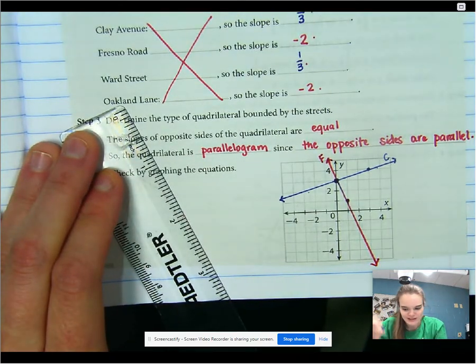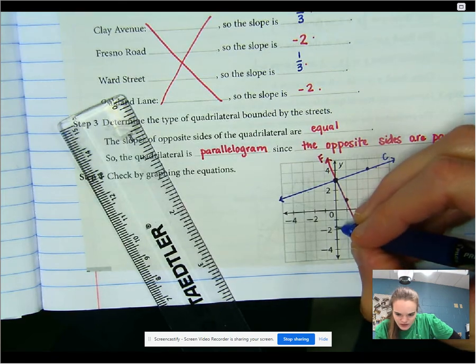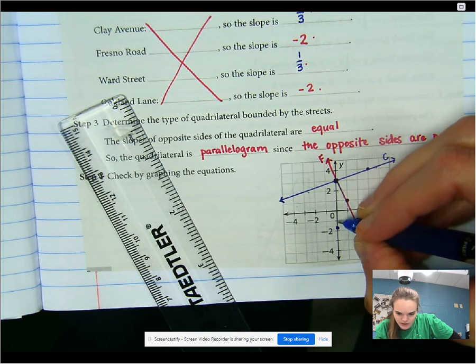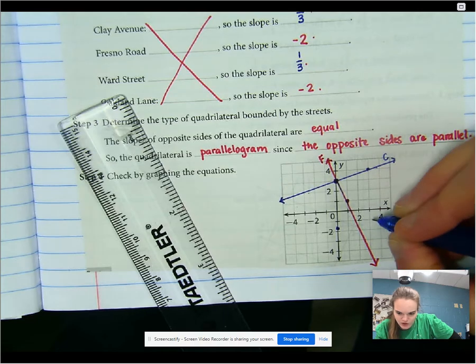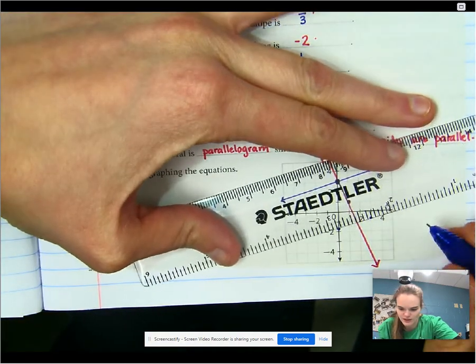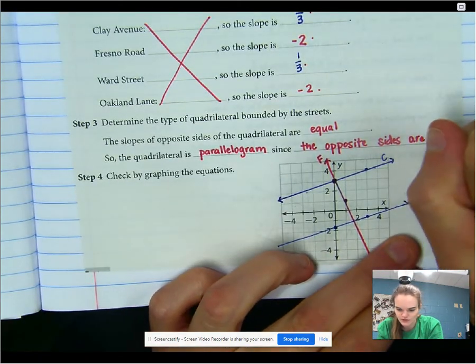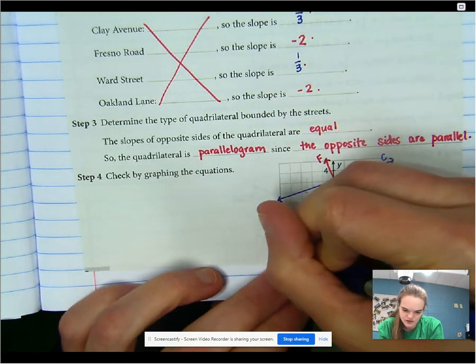Okay, Ward Street is negative 5/3. That's close to negative 2. I'm going to go up 1/3. That's hard to graph, I know. I don't have any idea why they have made it a negative 5/3. I can't help you with that, but this is W for Ward Street.